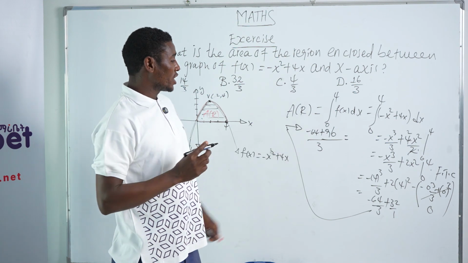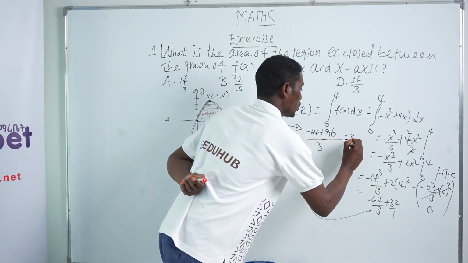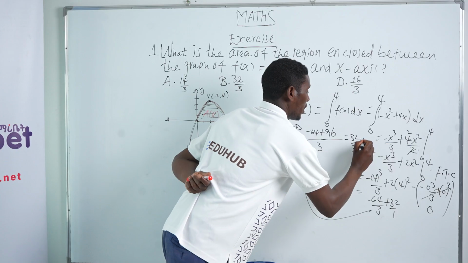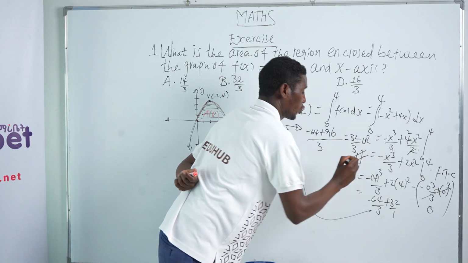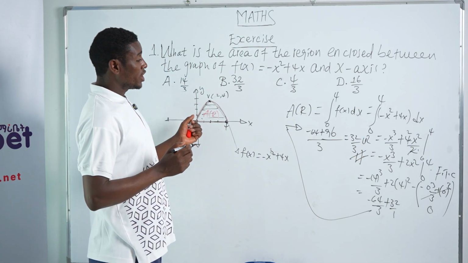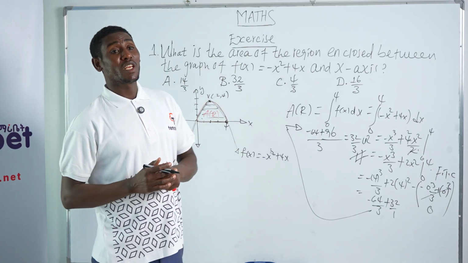So 96 minus 64 is 32 over 3 square units. So the area of this region is 32 over 3 square units.